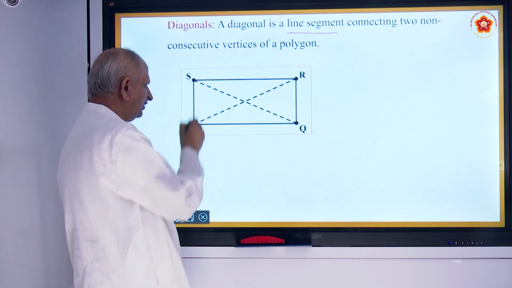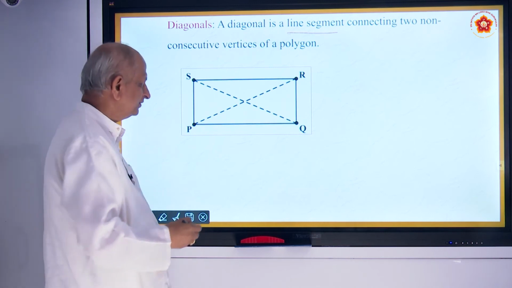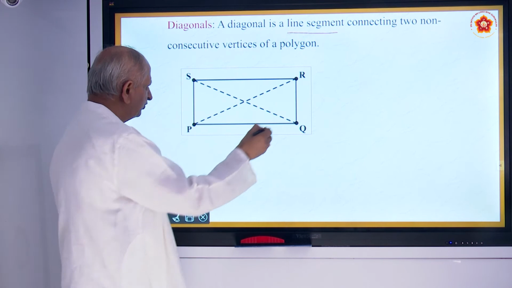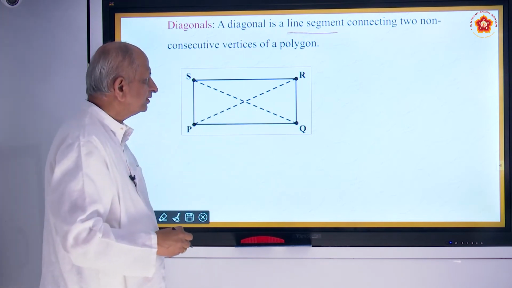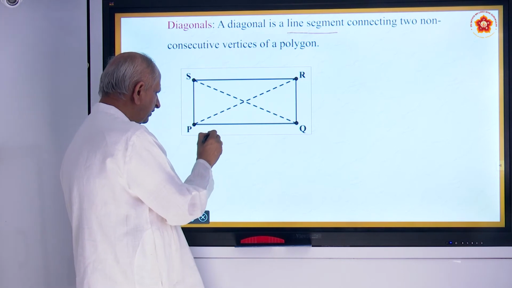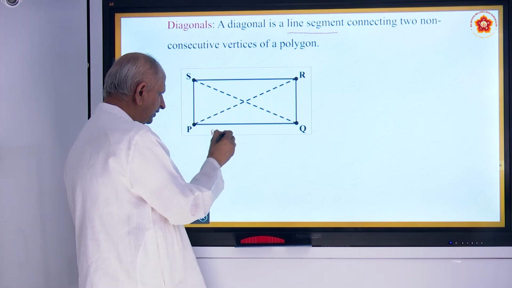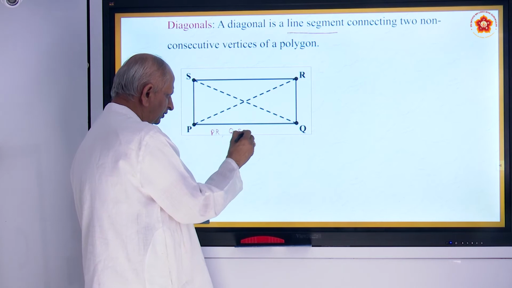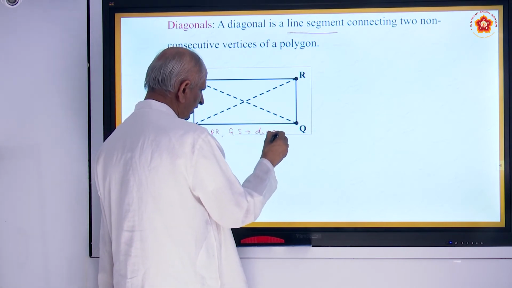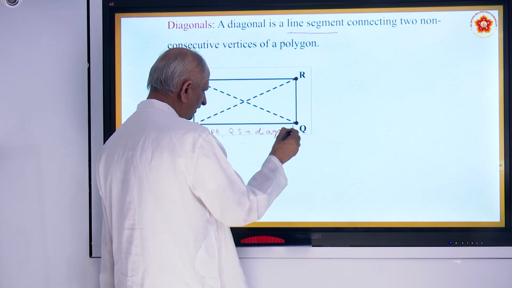What is PS called? Adjacent side. What is PR called? Diagonal. Similarly, QS is called a diagonal. So it is a line segment. Here there are two diagonals, one is PR, another is QS. They are called diagonals because they join the opposite vertices.